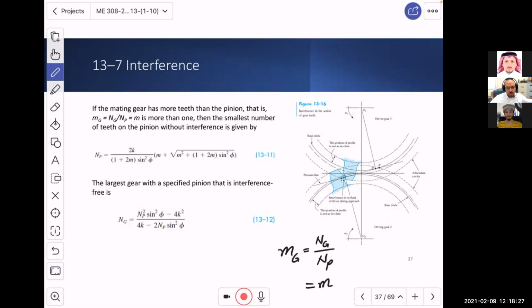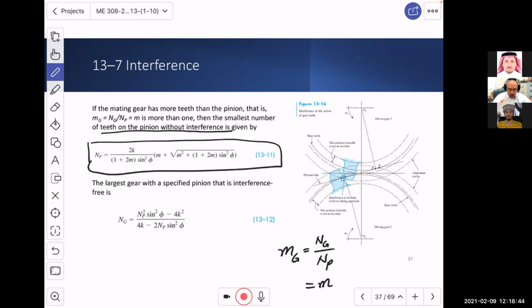So the number of teeth for the gear is more than the number of teeth for the pinion. In that case, the number of teeth on the pinion without interference is given by this equation. This is very similar to that equation, except that we introduce this m and a few other factors like 2m and so on, where m is the ratio of the number of teeth.